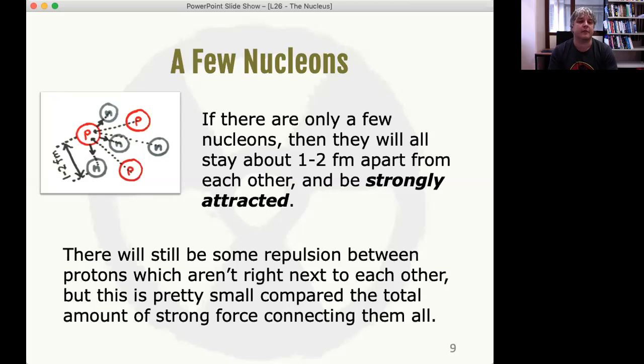It's hard to know from my crude drawing, but regardless, we've got a lot of attraction overall and only a little bit of repulsion because we've only got the 3 protons, but there are 7 nucleons in total, which are all strongly attracting. So when there's only a few nucleons, pretty stable, everything's pretty happy, the attraction is going to be much greater than the repulsion.